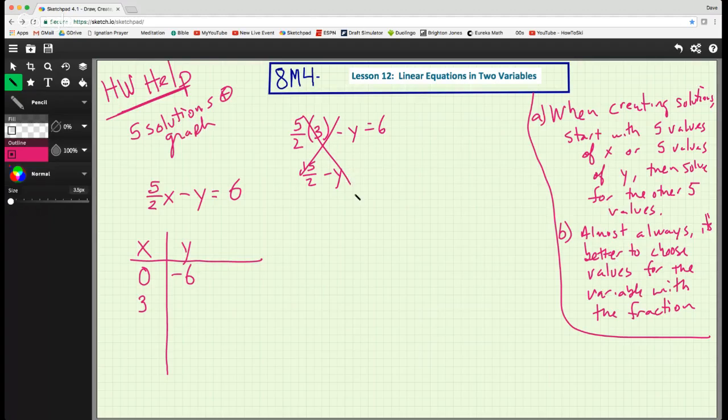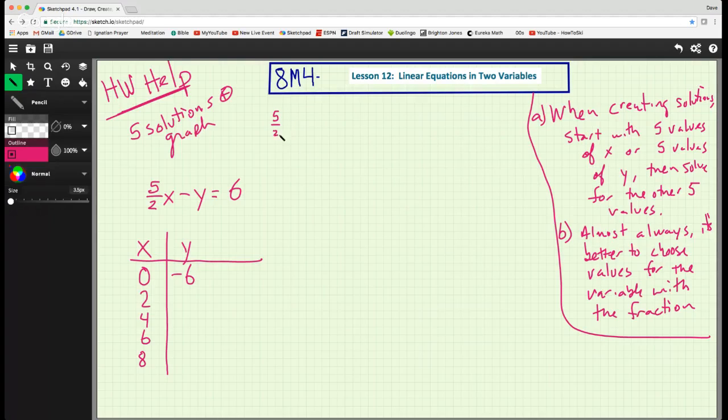So I don't want to do this. I want to choose numbers that when I plug them in for x, are going to create a cancel situation. So I'm going to choose 2, 4, 6, and 8. Let's watch what happens when I do each one of these.